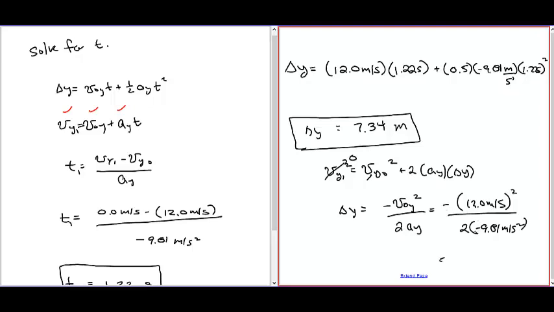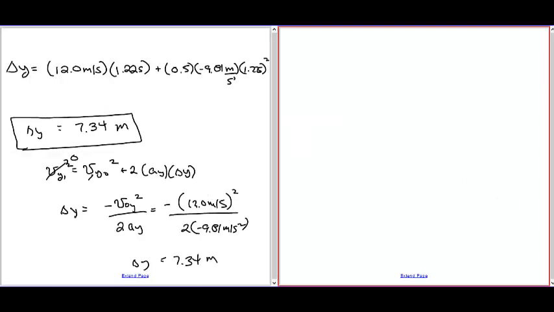And notice this negative will cancel out with that negative, so we'll get a positive delta y, which is what we're looking for. If you square 12, divide by 2, divide by 9.81, you get 7.34 meters delta y. We could also use the first equation, doesn't matter. Okay, so that's delta y.